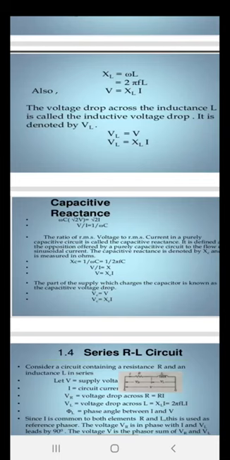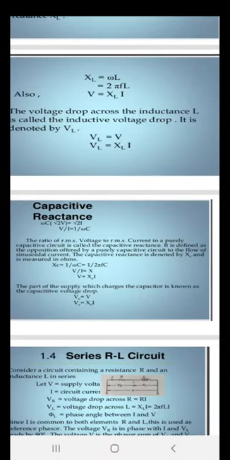Xc is equal to 1 by omega C, where omega means 2 pi f, so Xc is 1 by 2 pi f C. Then V is equal to Xc into I. The part of the supply voltage which charges the capacitor is known as the capacitive voltage drop. This is the capacitive voltage drop: Vc is equal to Xc I.